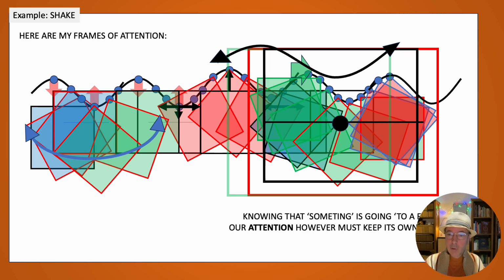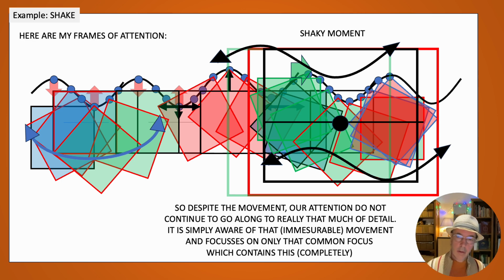The only thing I can always try to do is to keep my focus and my attention stable. So while having this shakiness in the background, despite the movement, all of this stability in the background, our attention itself does not continue to go along with all these sometimes more difficult to follow variations with every shaking.